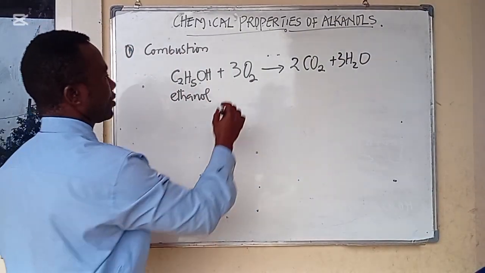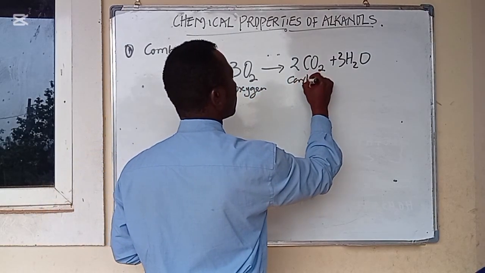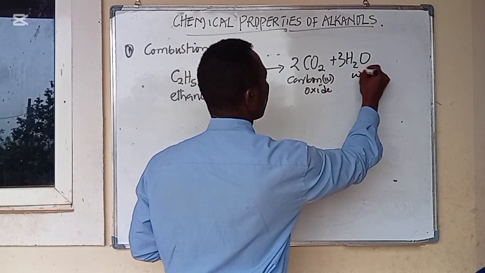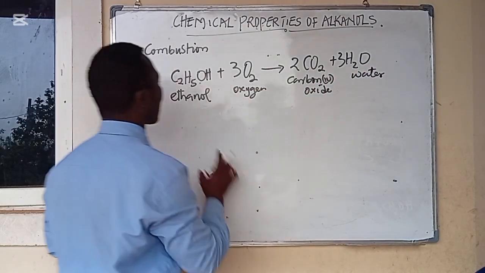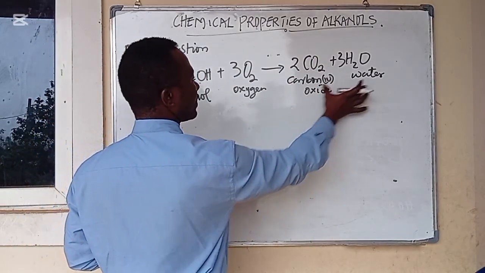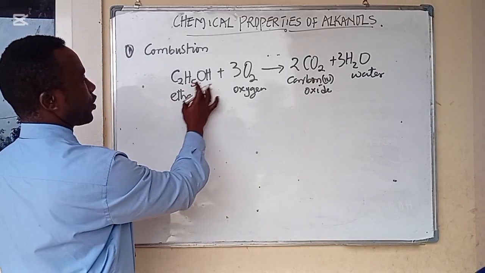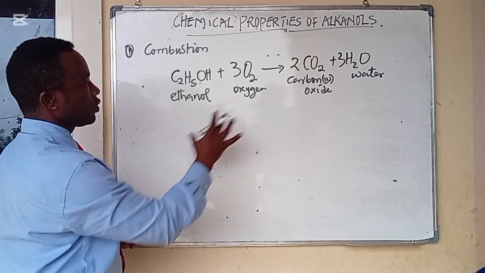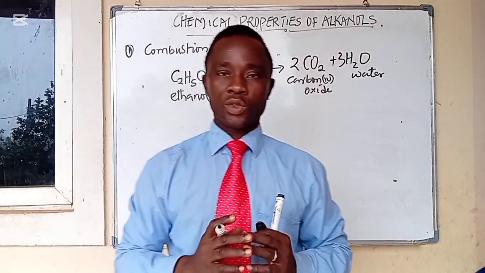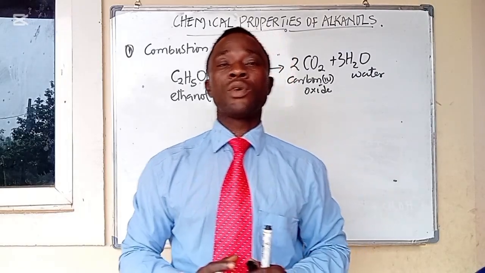This is oxygen, this is carbon dioxide, and this is water. Of course, you know that we have 6 hydrogens. So if you look at it, you see that the equation is balanced. So the first property of alkanols is combustion reaction, burning in oxygen or in air, to give us carbon dioxide and water.